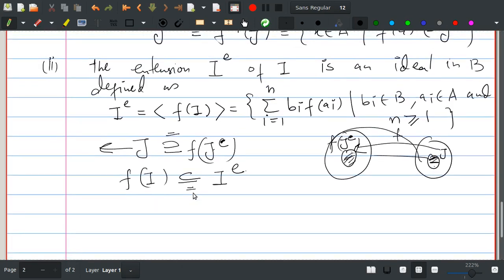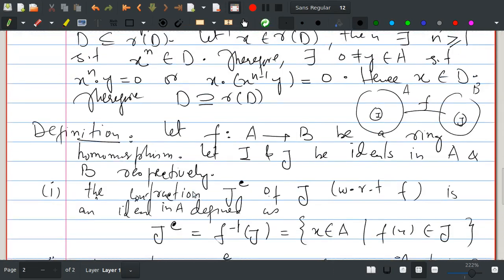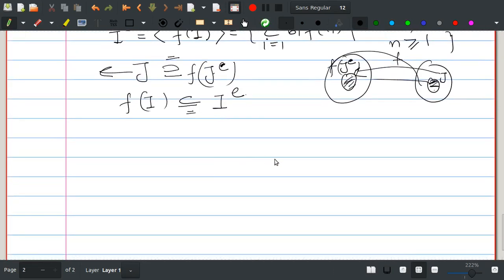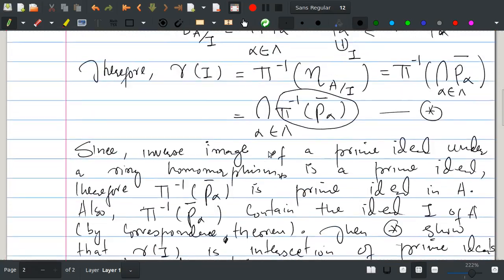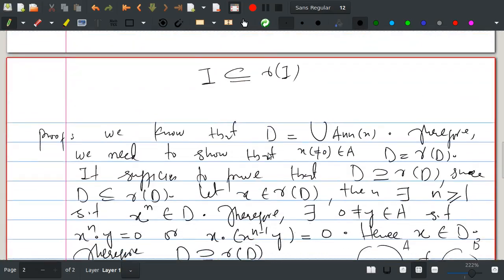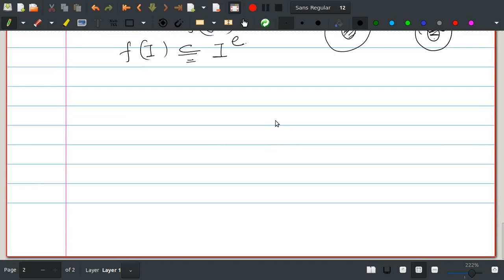So this is a small observation. So this is what we call the extension and contraction of an ideal. But we have forgotten to give examples of radicals. So I think first I should give examples of radicals of an ideal. For example, so these are the examples.